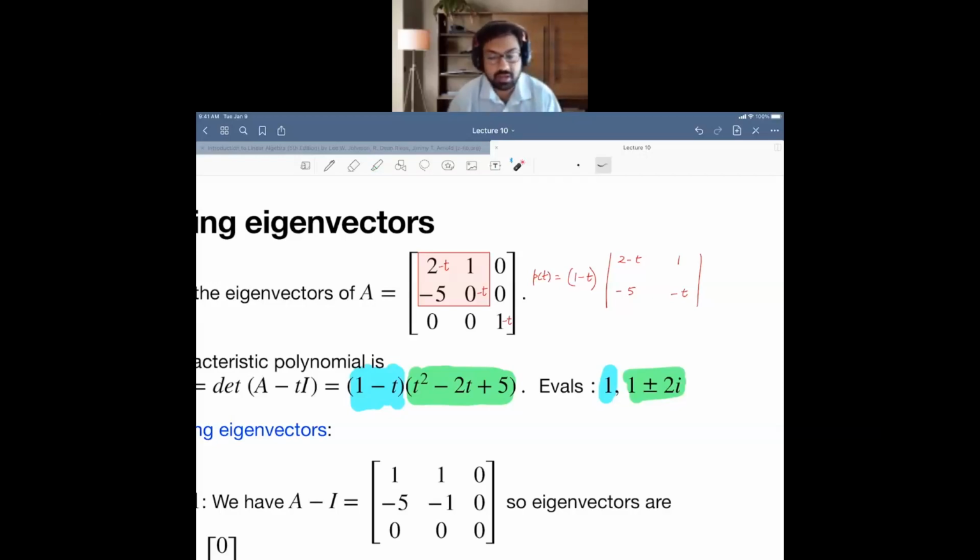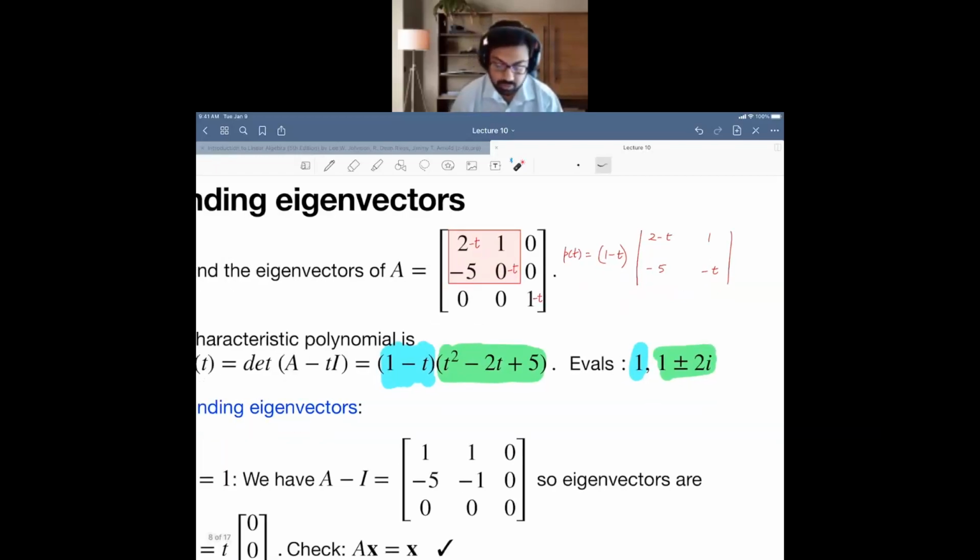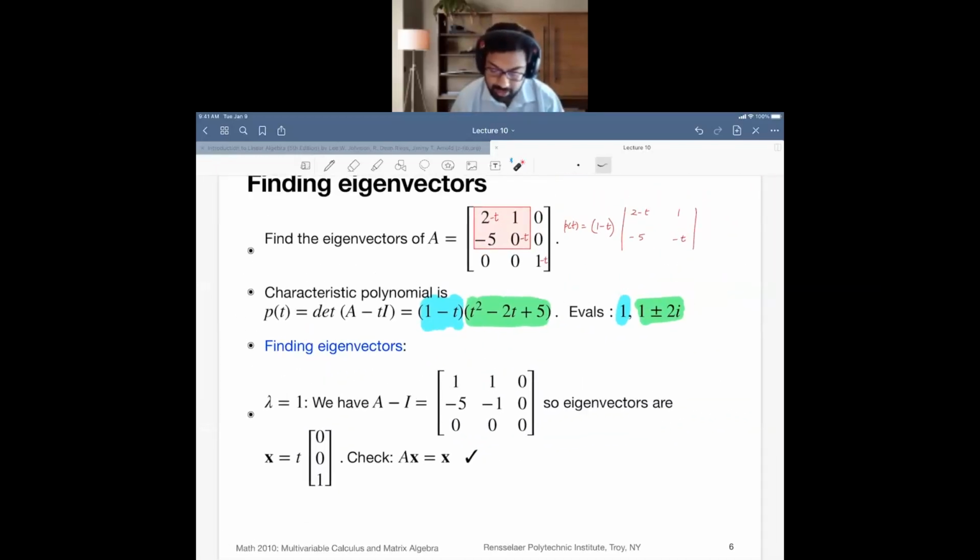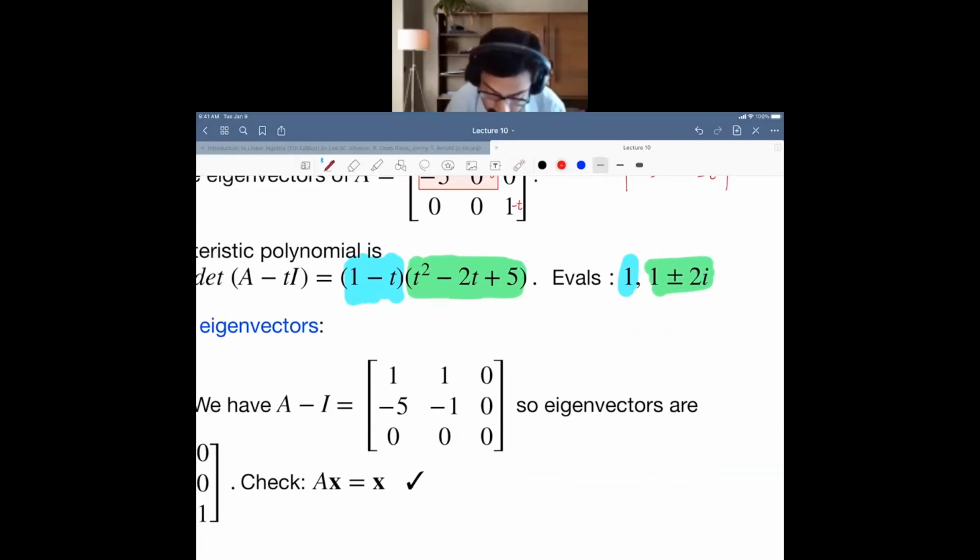For each of those 3 eigenvalues, we are going to look at what the eigenvectors are using the same strategy, right? So lambda equals 1, that should be straightforward. We are looking at the null space of A minus I. So for A minus I, you set up the augmented matrix. A minus I is written over here. Let me just write that up. Set up the augmented matrix.